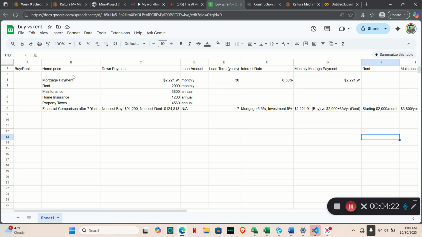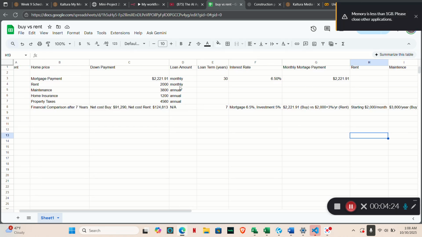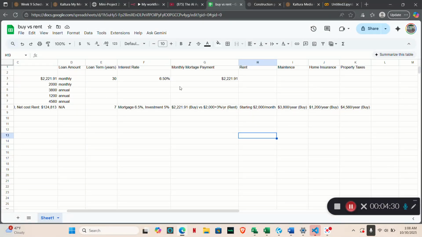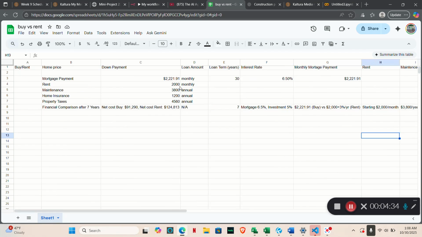I have home price, down payment, loan amount, loan term in years, interest rate, monthly mortgage payment, rent if applicable, maintenance if applicable, home insurance, property taxes if applicable. And what do we have so far? So for our buying situation, we have a mortgage payment of $2,281. $2,000 if we're renting. This is going to be monthly.